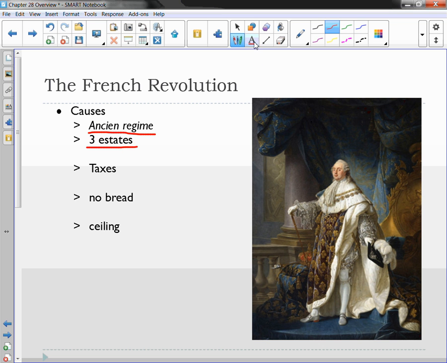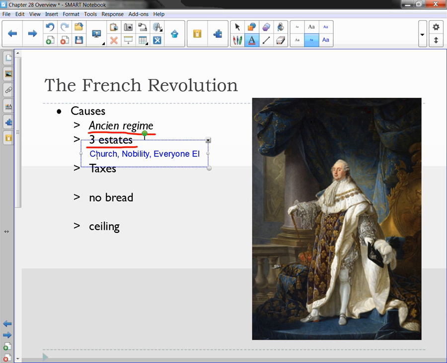You might remember this slightly from thinking about the old medieval system, but you've got the church, the nobility, and everybody else.